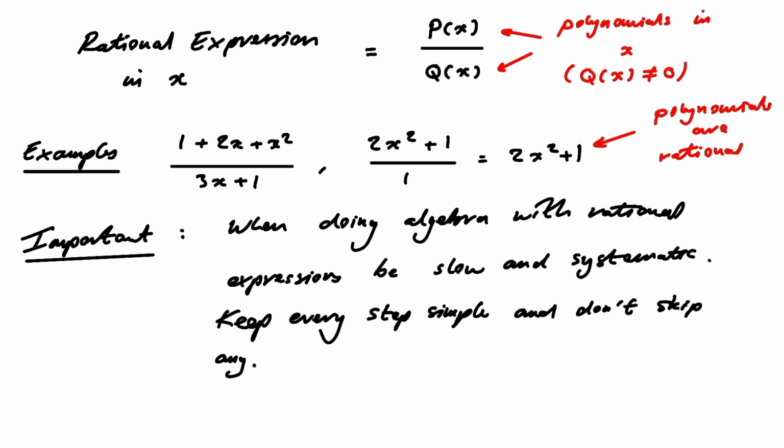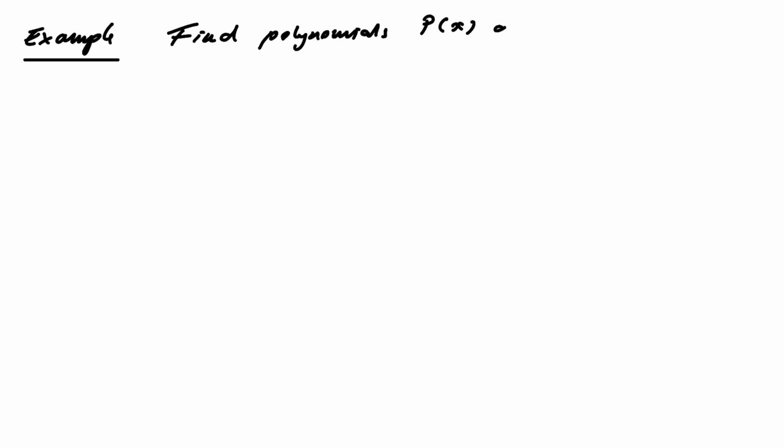So what I really want to do is just do some examples to illustrate the type of algebra you'll be doing with rational expressions. So let's start off with the following. Let's find polynomials p(x) and q(x) such that the following is true.